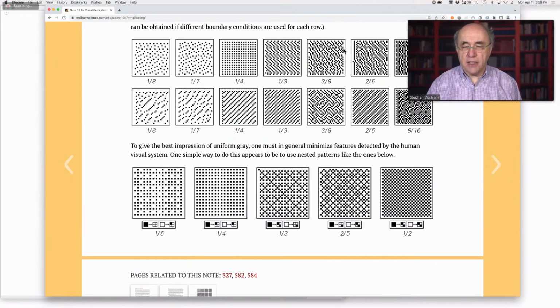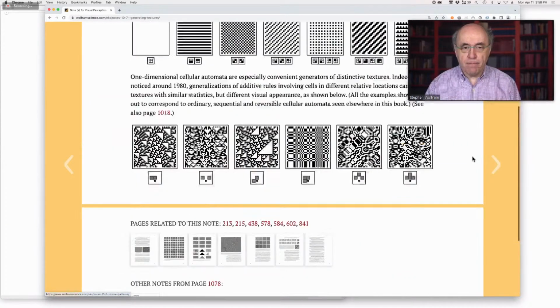Clearly, in this case, this does better at that than this down here, where you can see those large-scale features. So that's an interesting test case for visual perception: when can you do half-toning without bringing up features that aren't there.